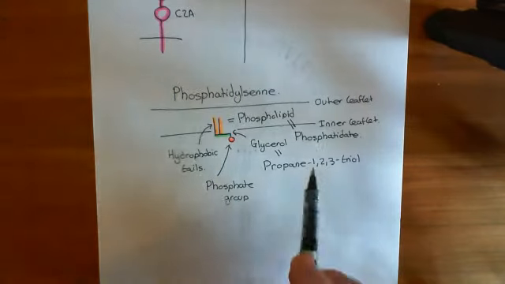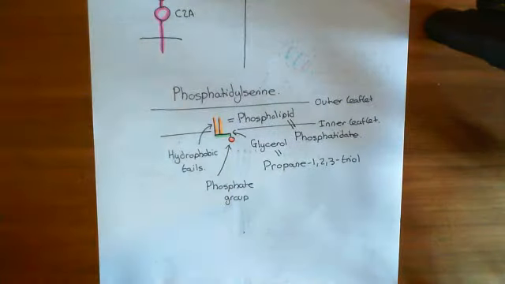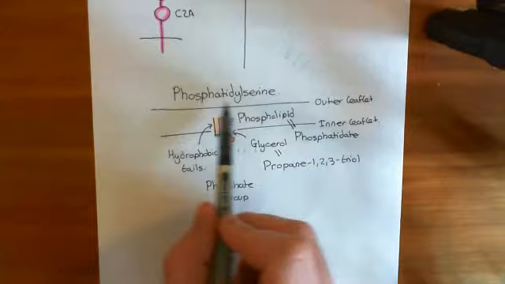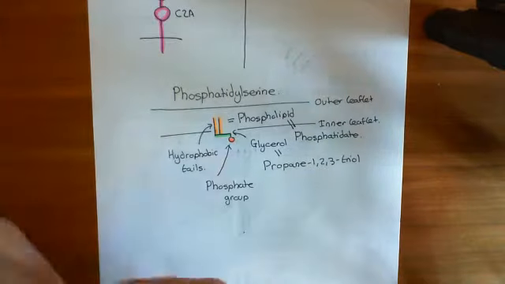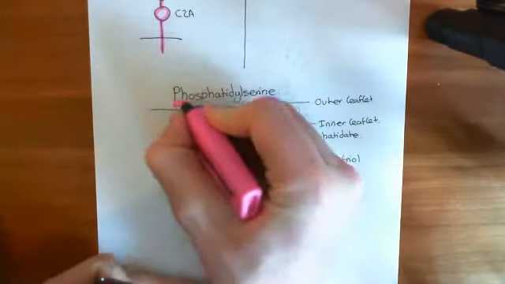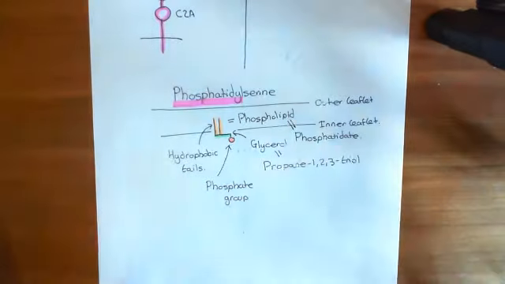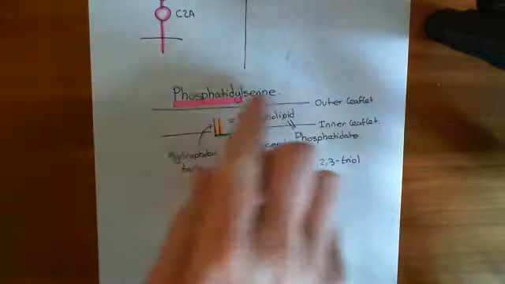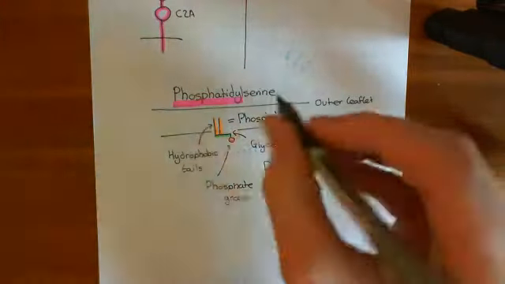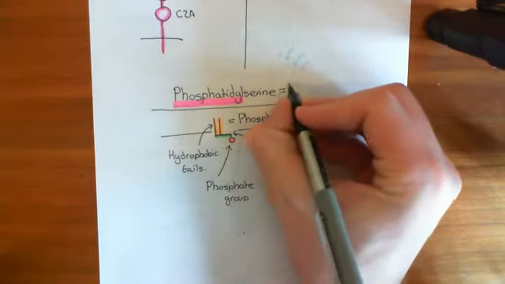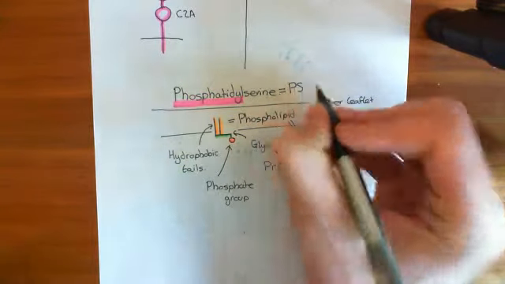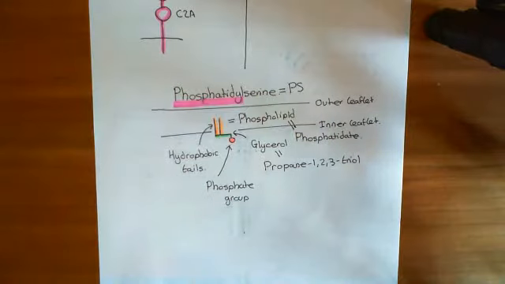But when you're talking about modified phospholipids, for some reason it comes back. And this is the origin of this phosphatidyl here. It basically means that this molecule, phosphatidylserine, which by the way is often abbreviated to PS, is just a modified phospholipid. It's a modified phosphatidate molecule.